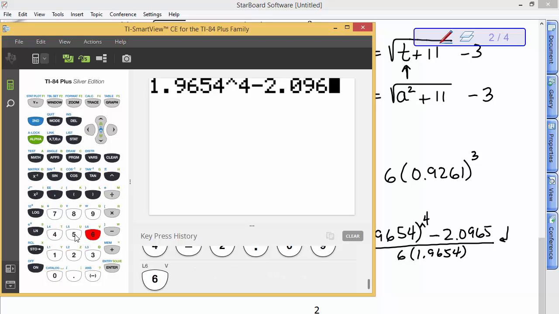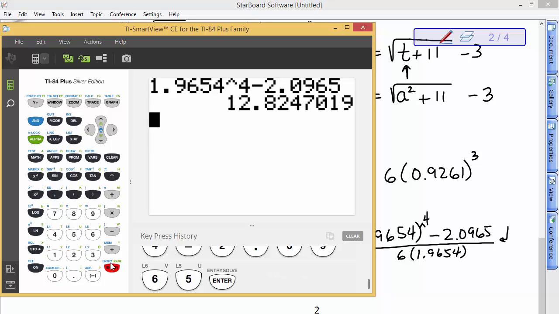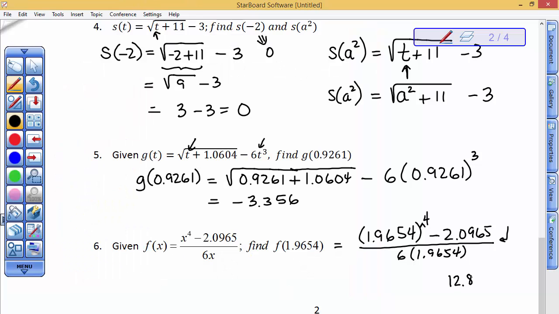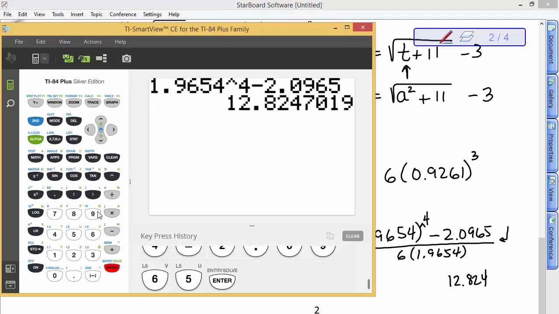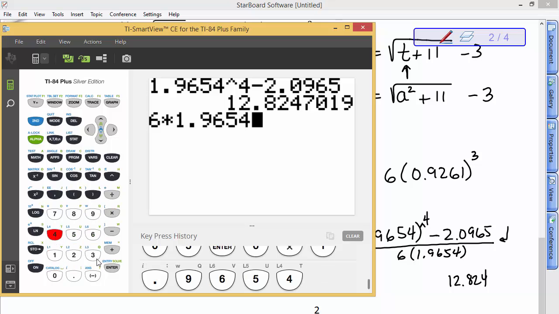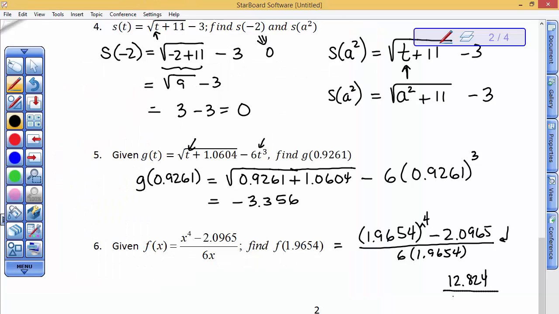All right, let's go back. The denominator is 6 times 1.9654. And let's hit enter. That's 11.7924. So now I could go ahead and do the division, which was 12.824 divided by this answer from previous.